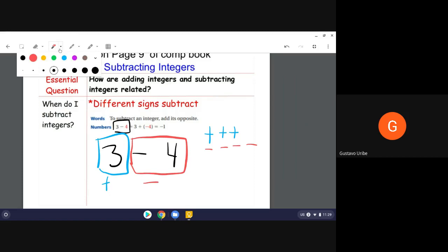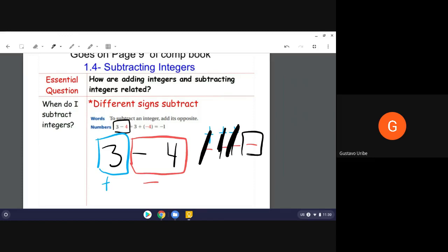Remember, whenever a plus and a minus cancel each other out, they are opposites. So we're going to cancel these out and see how much we have left. So these cancel, these cancel, these cancel, and I am left with 1 negative. So my answer is a negative 1, which is what they showed us right here.